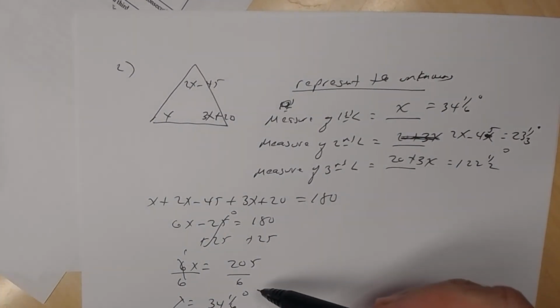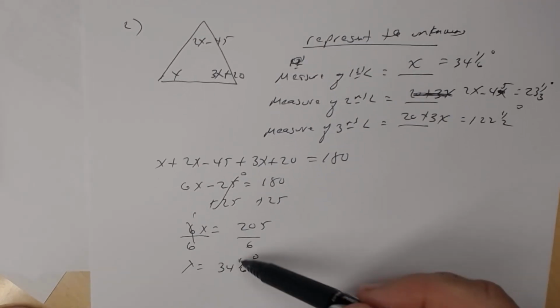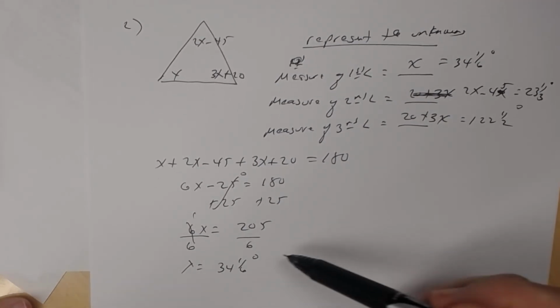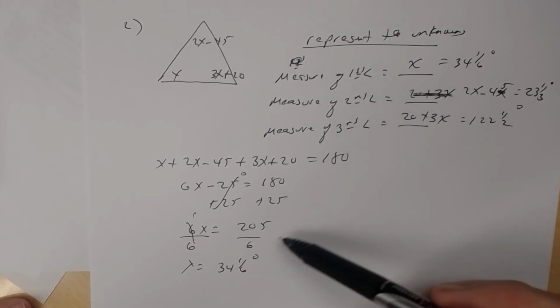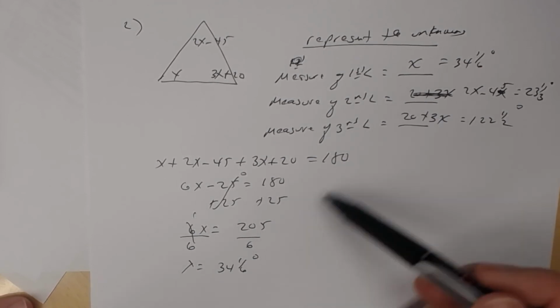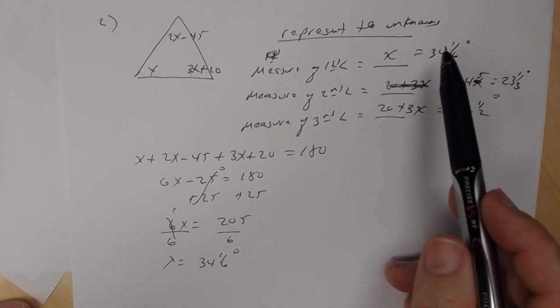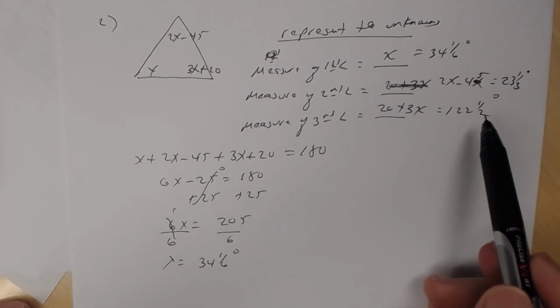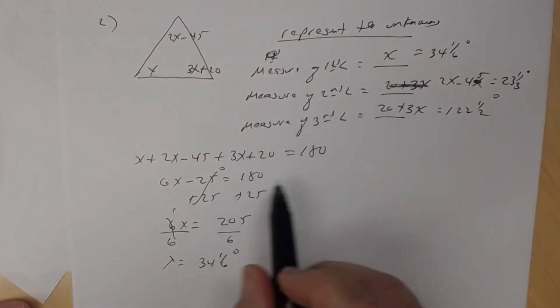So the one in your worksheet or test is going to be a nice integer. It's going to be an integer. I didn't realize this was going to be a mixed number. But notice how we did these right here. All right, so go back over that video.